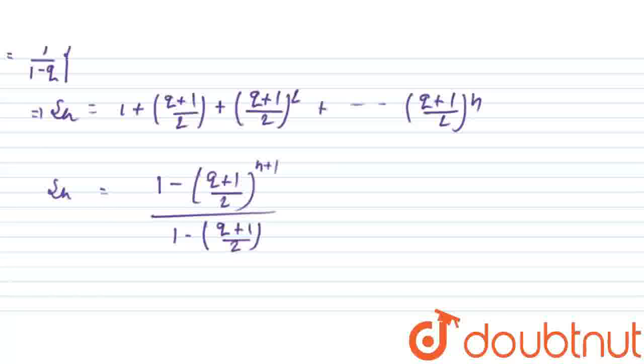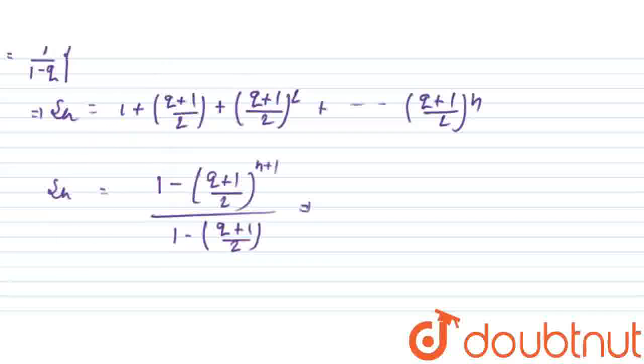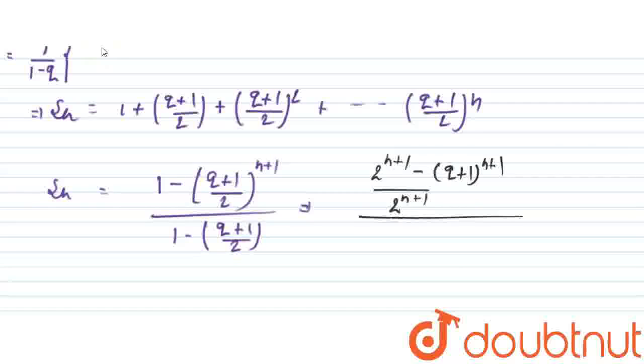Okay, now I will solve these terms. If I take the LCM of 2 to the power n plus 1, it will become 2 to the power n plus 1 minus (q plus 1) to the power n plus 1, divided by 2 minus (q plus 1) and 2 to the power n.